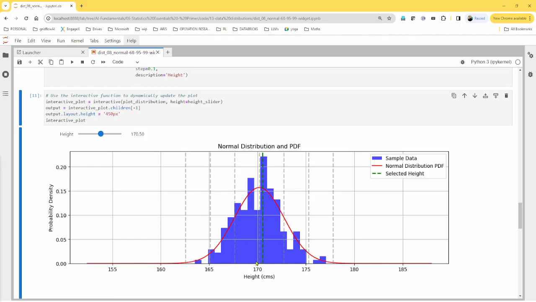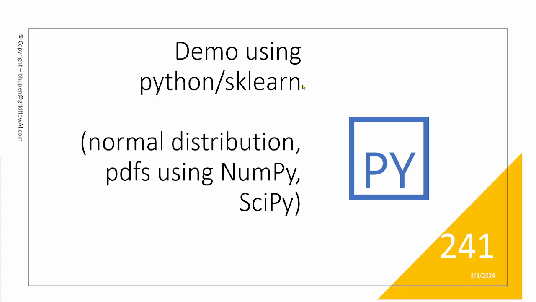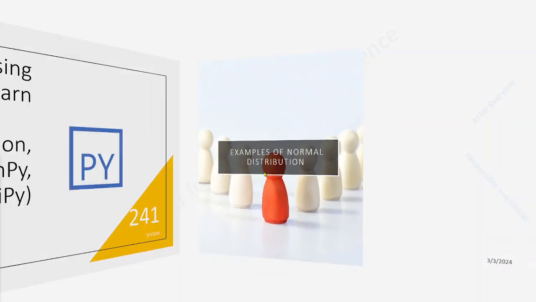All right, 170. So if I pick someone with the same height, then the probability that you will find someone with that height is very high. That's what it means. And this is the important concept that we're going to use in hypothesis testing as well. So that was the quick demo on normal distribution and PDF and also the 3 sigma rule.